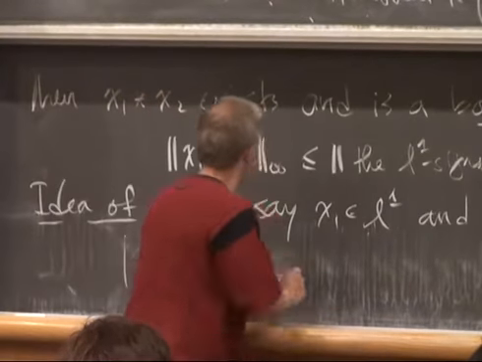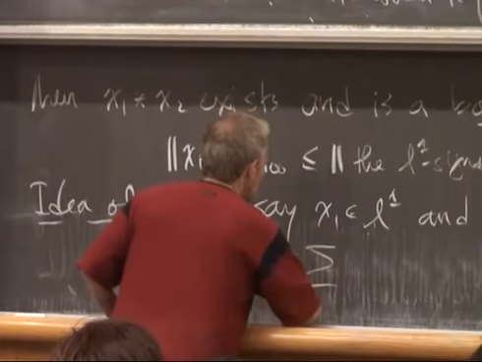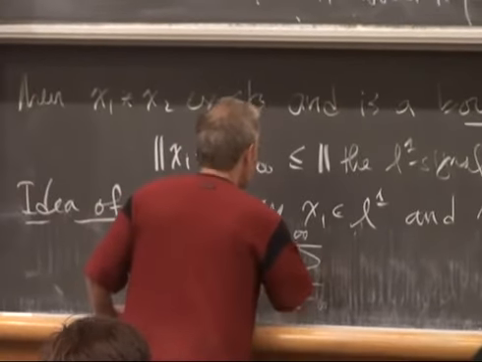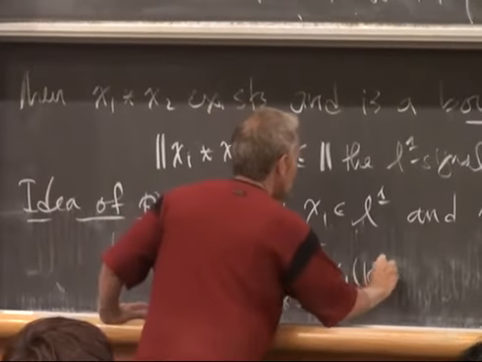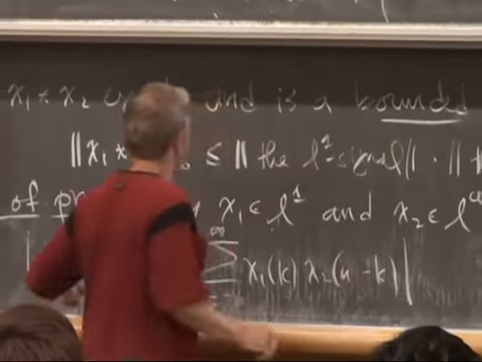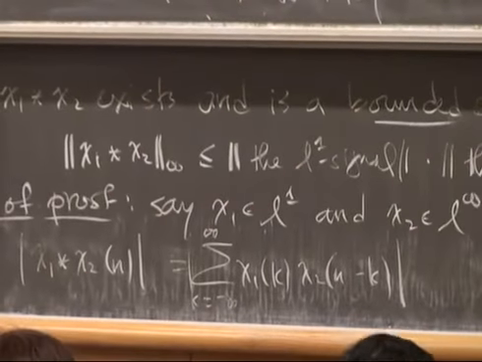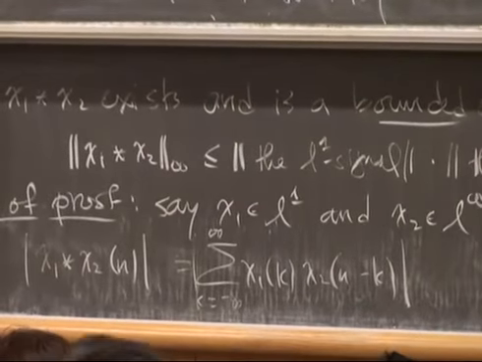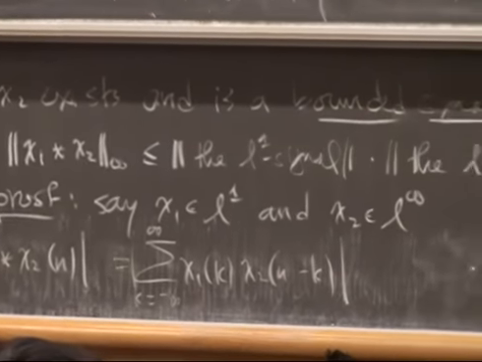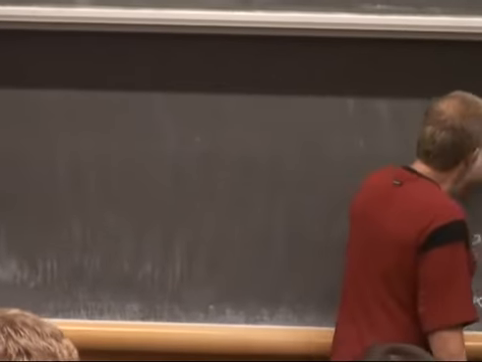That's equal to the, actually, not just ostensibly anymore, infinite sum k equals minus infinity to infinity, x1 of k, x2 of n minus k. And everybody knows that the absolute value of a sum is bounded from above by the sum of the absolute values.